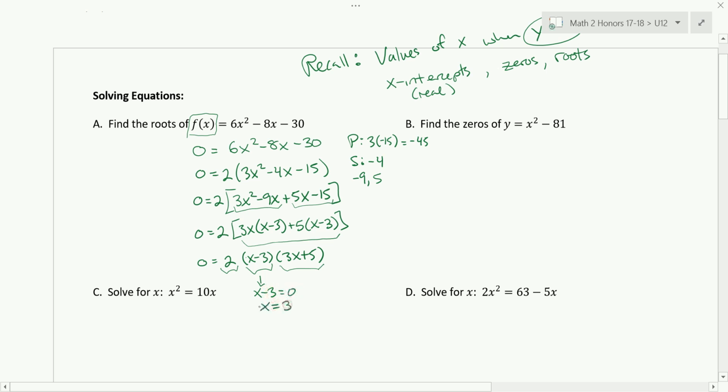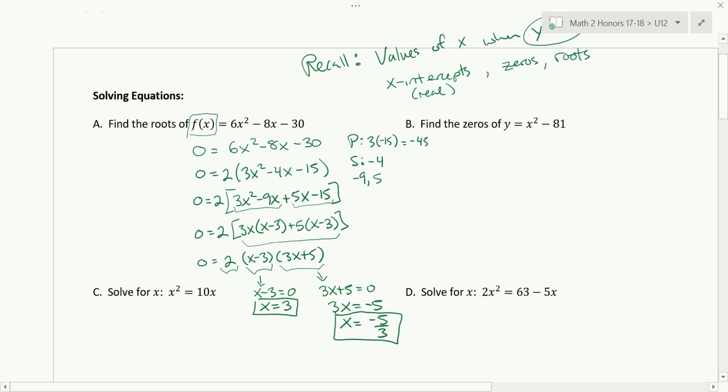That's one of your answers or one of your roots. And the other comes from the 3x plus 5. Set that equal to 0 and solve. And you get x is negative 5 over 3. So those are your two roots.